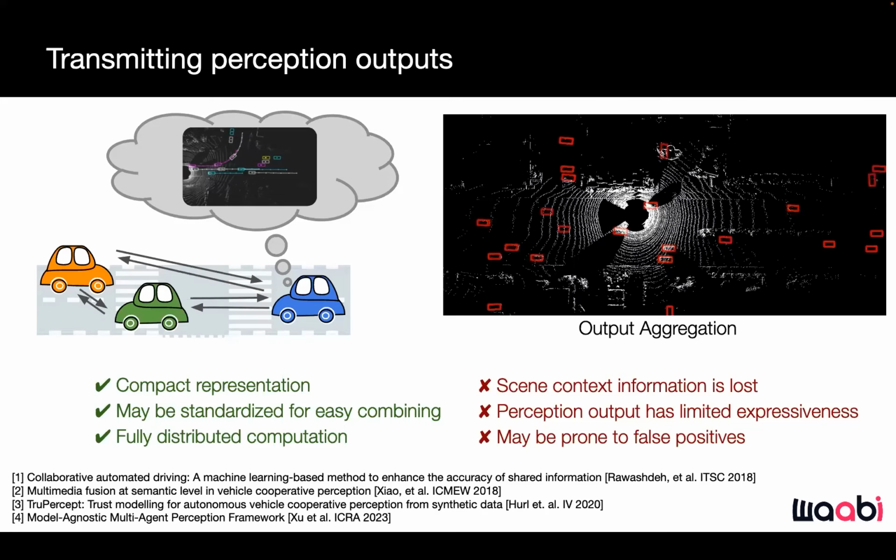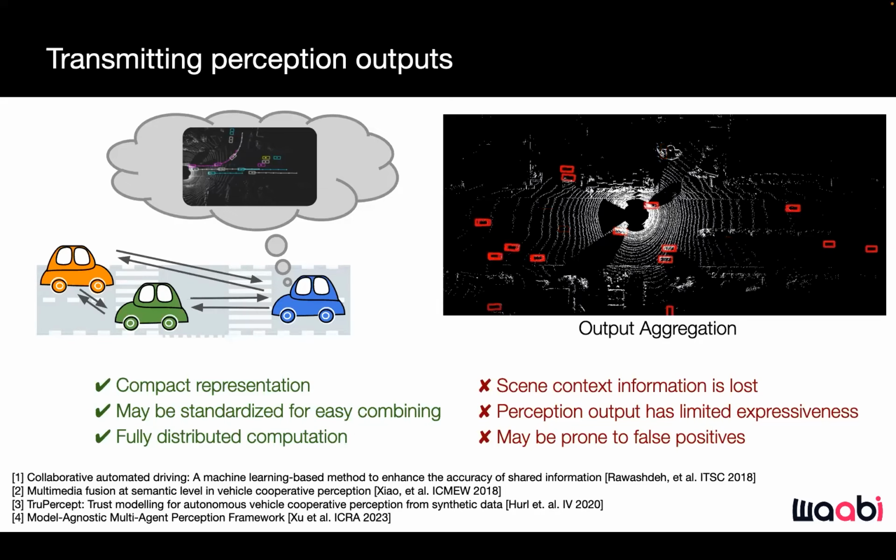So you do the full distributed computation required to get what's required for prediction and planning, or whatever components, however you break up the autonomy system. But the downside is that when you do this type of perception, in the case of object detection, you do thresholding. So you lose all the scene context of what's going to happen from your sensor data and just say, here are the actors in the scene.